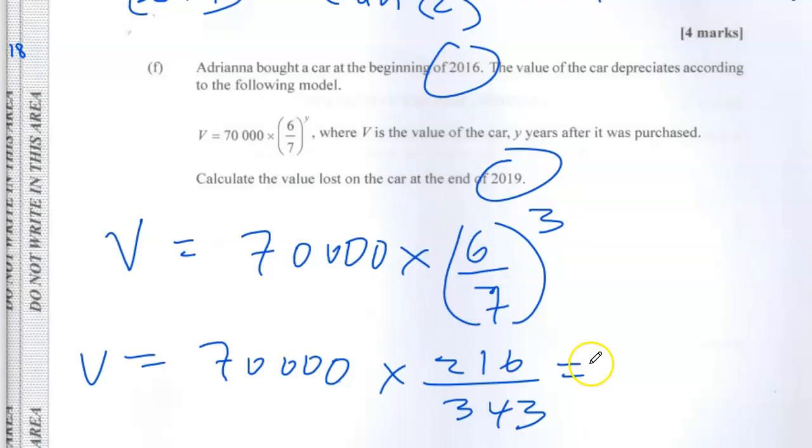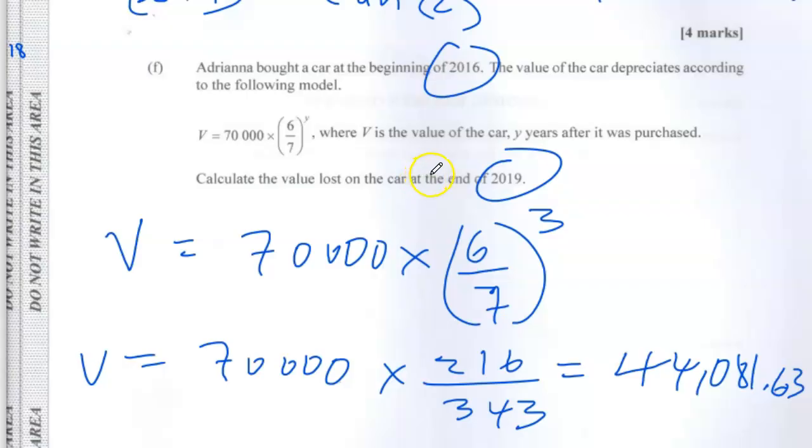Right? So the value after 3 years, if you calculate it, is 70,000 times 216 divided by 343. So the value after 3 years will be $44,081.63. Oh, the question was to find the value lost.